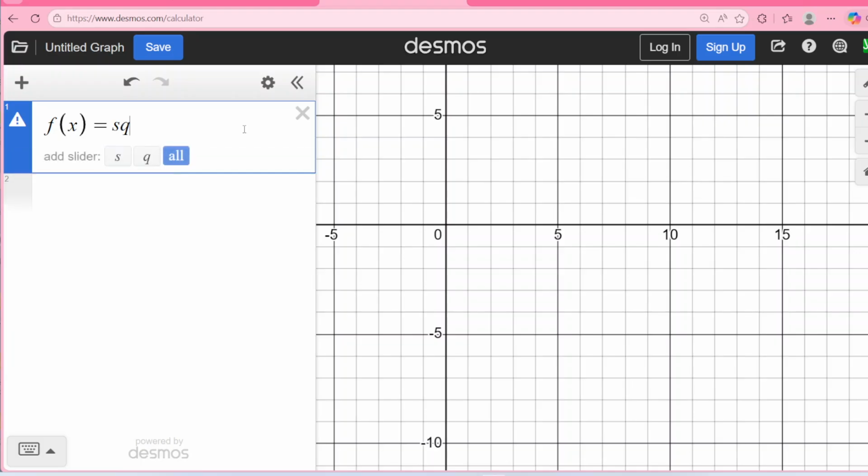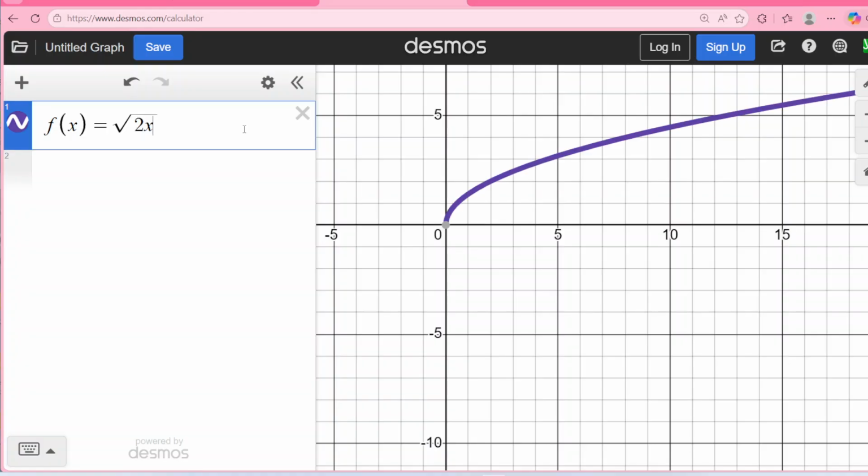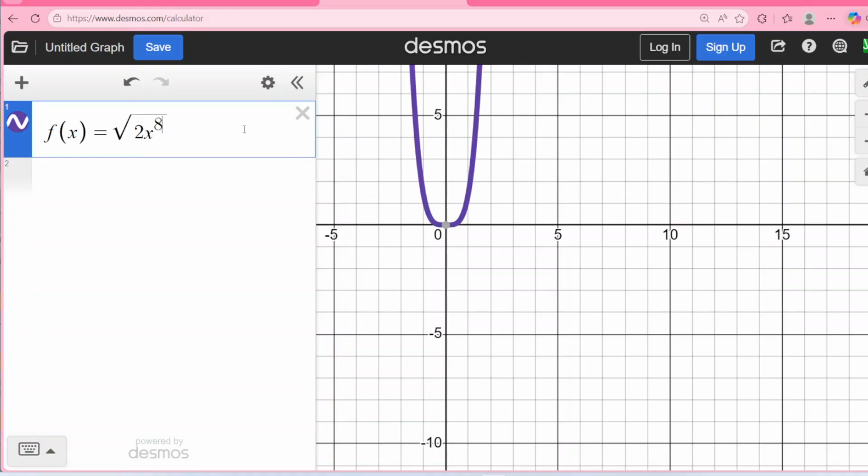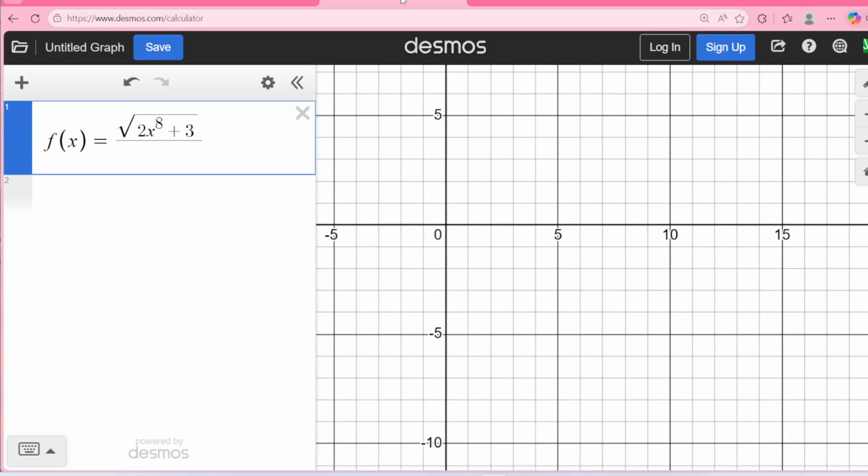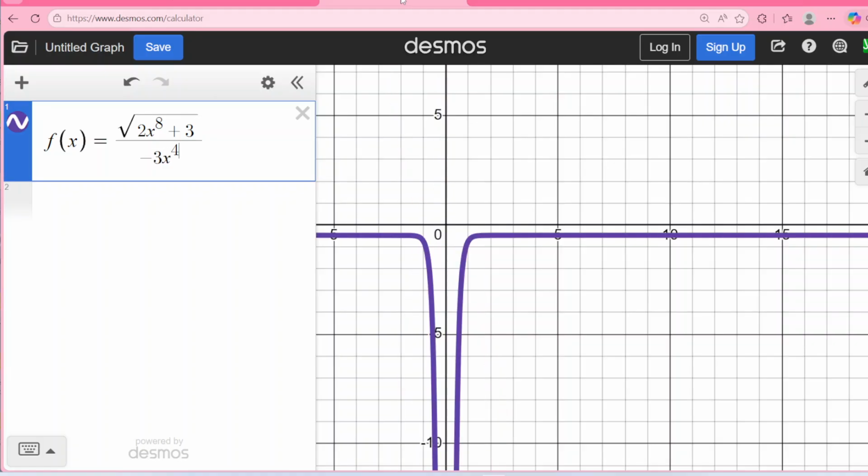So we have the square root of 2x to the 8th plus 3 inside, divided by negative 3x to the 4th plus x.